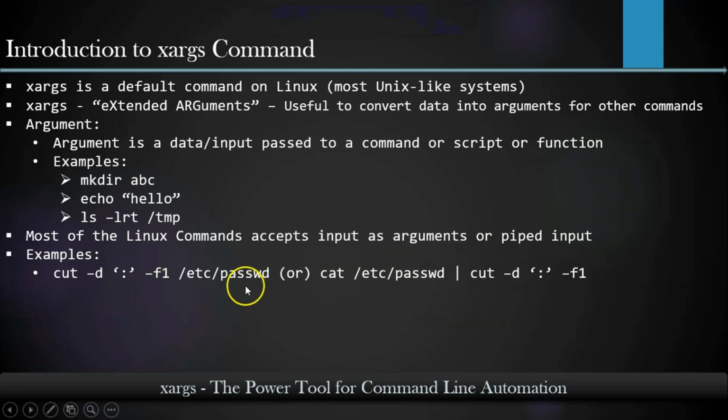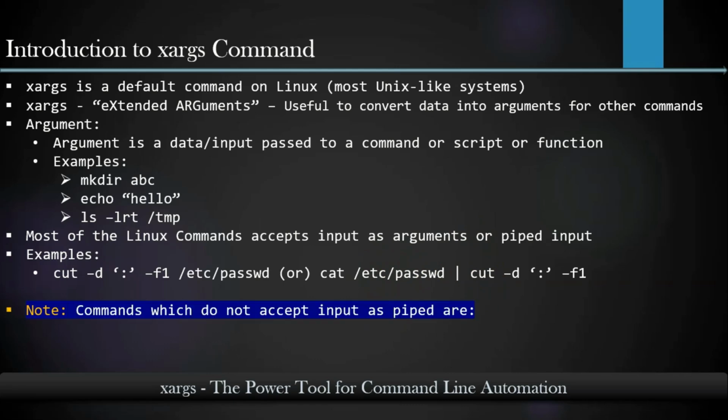So most of the commands accept input as an argument like this, or with the help of a pipe we can pass one command's output as an input to another command. But there are some commands which do not accept input as piped input. Some of them are like mkdir, curl, echo, rm, mv, cp, kill commands.